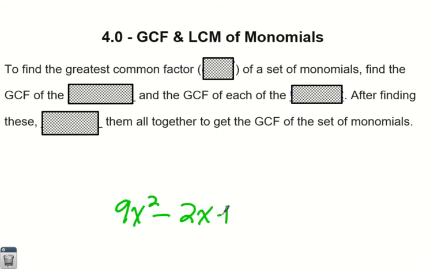And if I put a third term in here, plus 5, doesn't matter, now it's 3 terms, that could be called a trinomial. So a monomial would be a polynomial expression that only has one term.